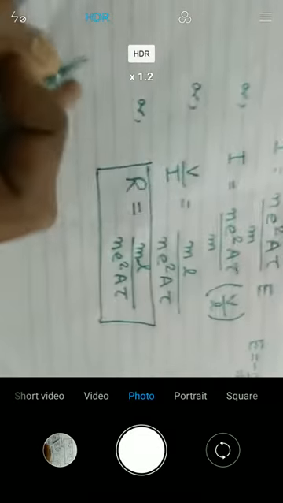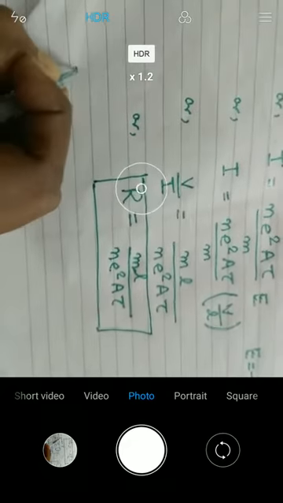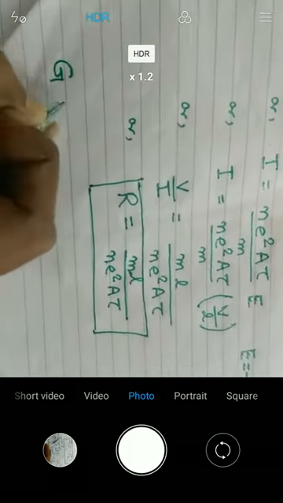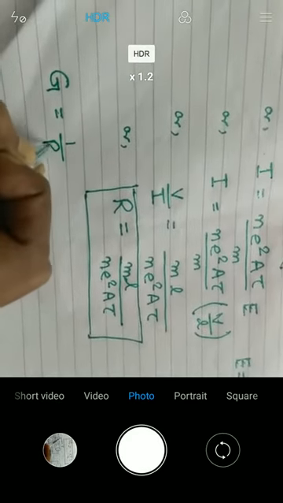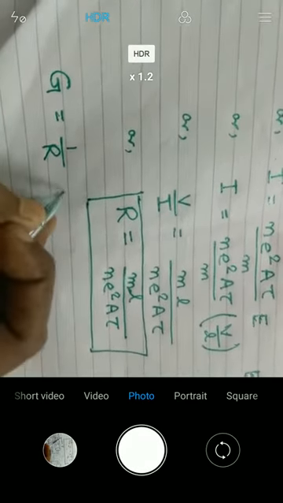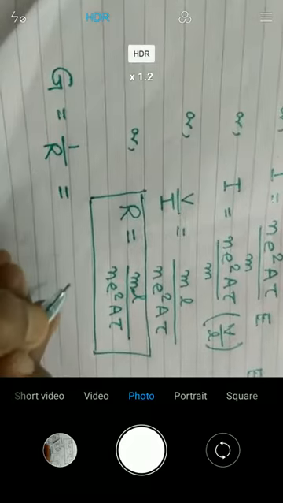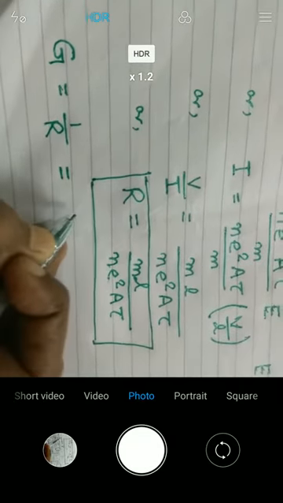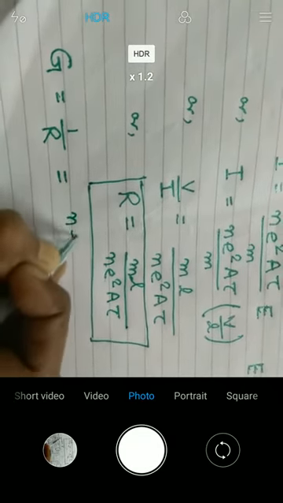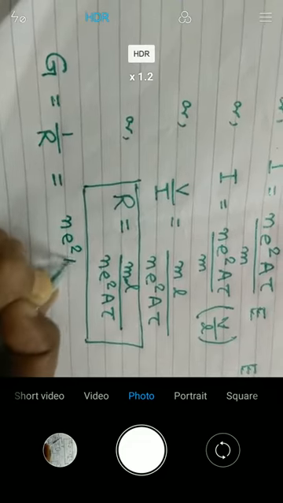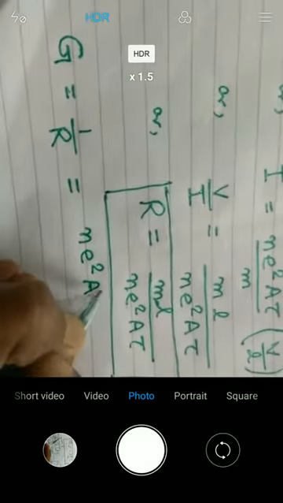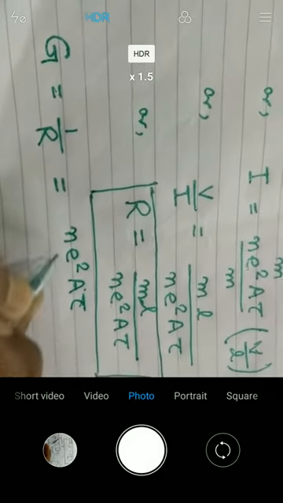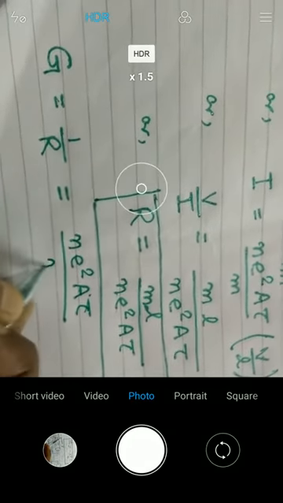Now see, as you all know, conductance, that is the reciprocal of resistance. रेजिस्टेंस के रेसिप्रोकल को कंडक्टेंस कहा जाता है. So conductance will be given by ne²Aτ divided by mL.